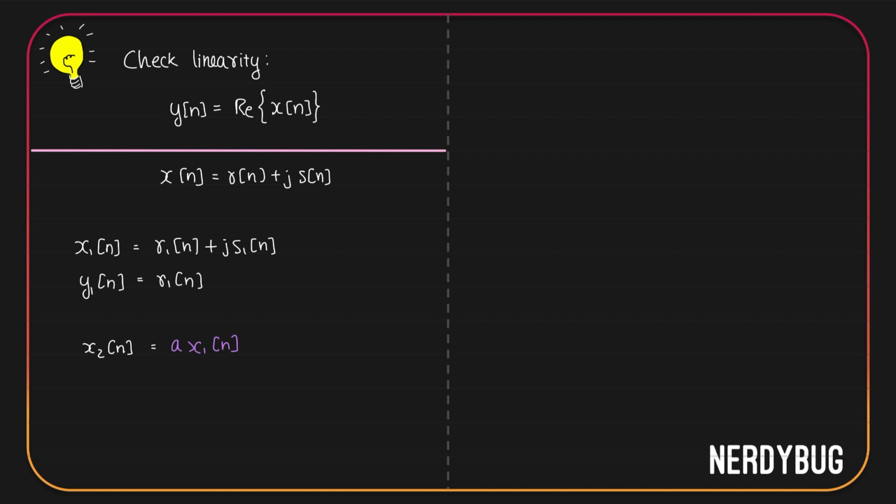So let's take case 1 where a is real. Now, if you give a x1 of n as the input, you will get y2 of n as the output, and it will be equal to the real part of a x1 of n, but x1 of n is r1 of n plus j s1 of n. So a r1 of n plus j a s1 of n.